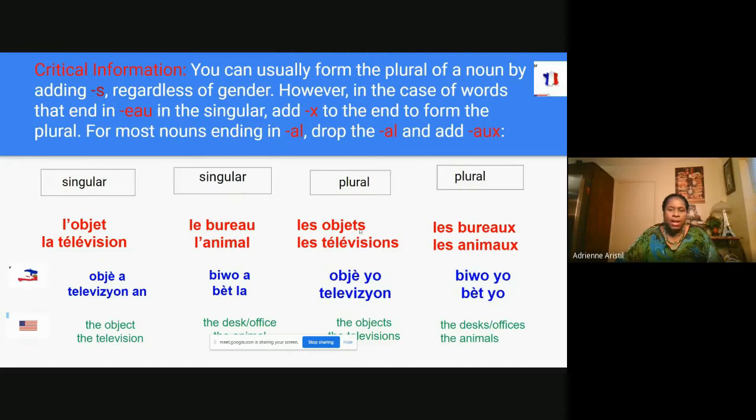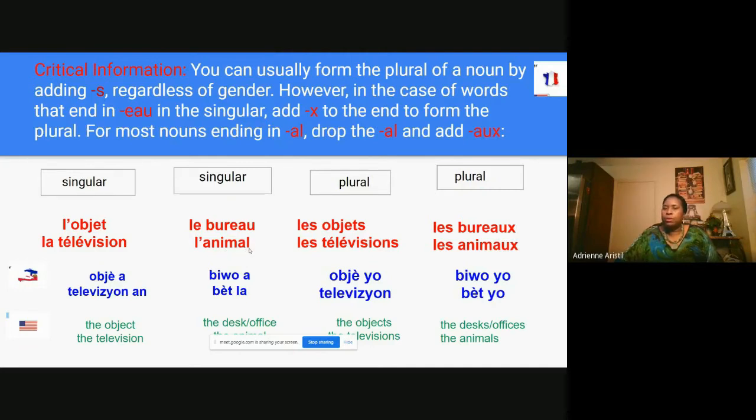And for the plural, you will say les objets, les télévisions. You see, you just added S to make it plural. Whereas for les bureaux, you don't add an S because remember that AU, you will add an X. And there is les animaux, excusez-moi, les animaux. The singular was AL.